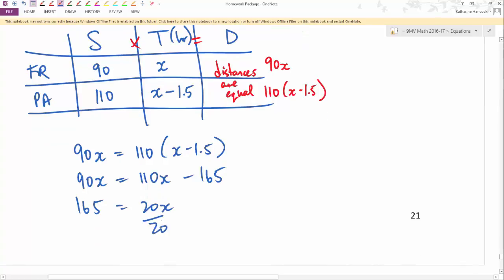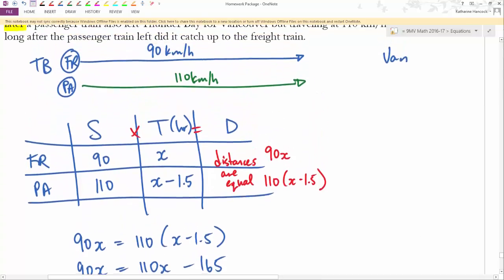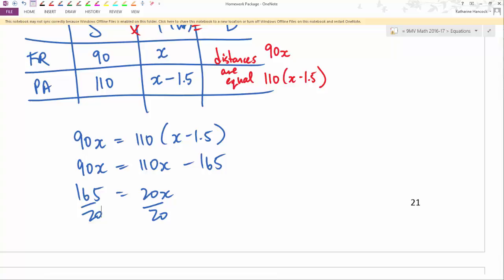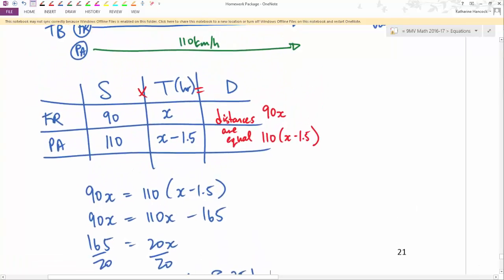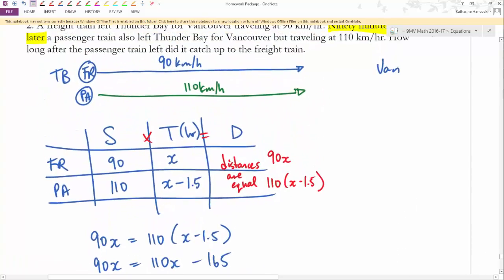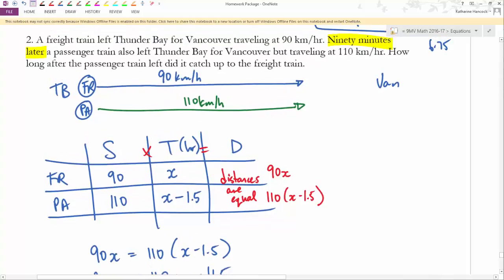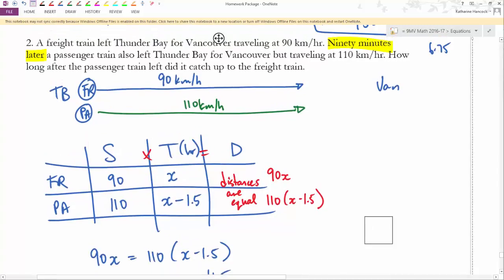Divide by 20, and we get 8.25 hours. So let's check what they asked. This one asked, how long after the passenger train left did it take? So how long did the passenger train travel?